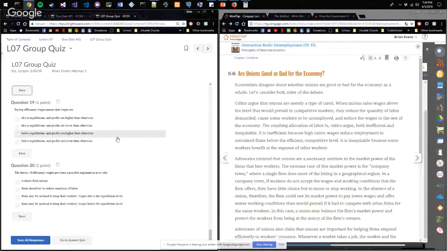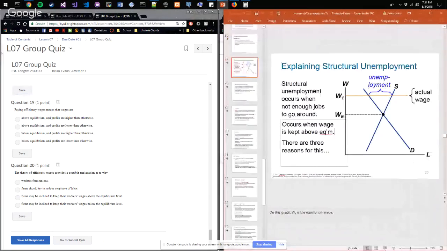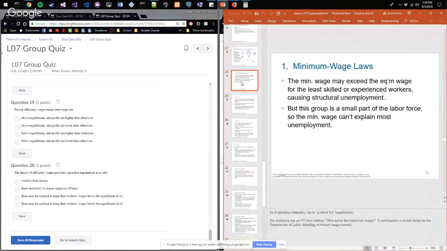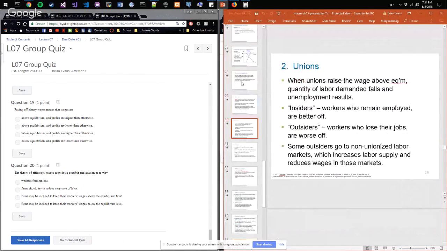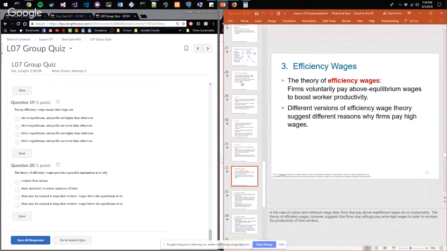Okay, so paying efficiency wages means that wages are... paying efficiency wages. Firms voluntarily pay above equilibrium wages to boost worker productivity.